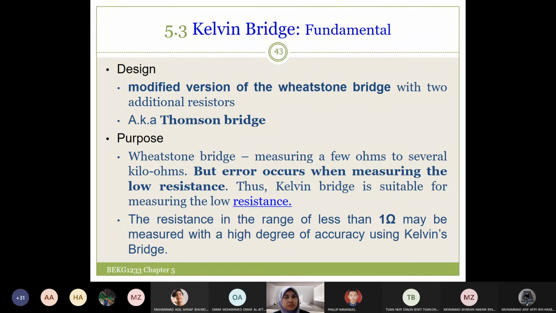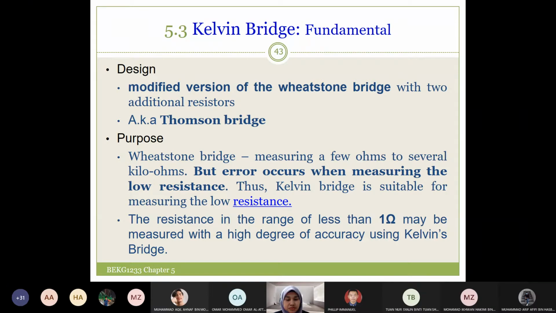In DC bridge, we have two configurations. One is Wheatstone and another one is Kelvin.